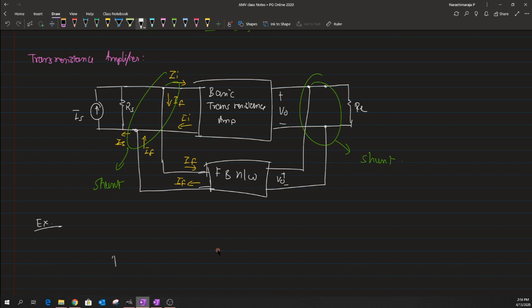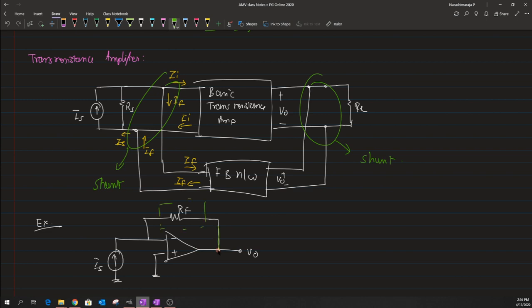Let me demonstrate a simple example, and with that we'll end this session. So we have, in this case, a voltage, and we have a feedback network which is modeled as RF, and clearly you could see that this feedback network has an input which directly measures the output voltage.